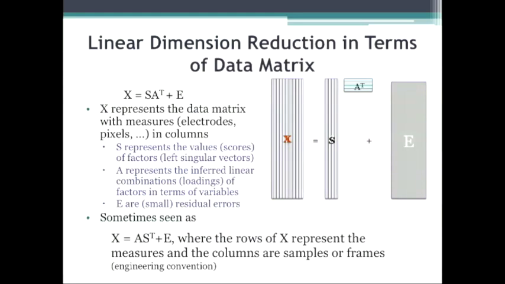One is going to represent the time, the dynamics of the processes, and the other is going to represent how you get to the processes or the underlying factors from the measures you've made, and vice versa. This is not exact, it will be approximate, but we hope that this residual matrix of errors, E, is relatively small.